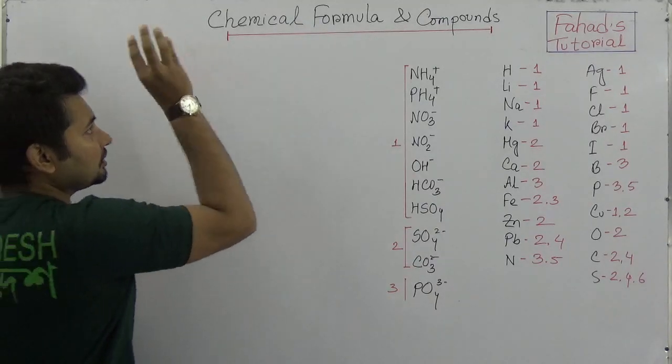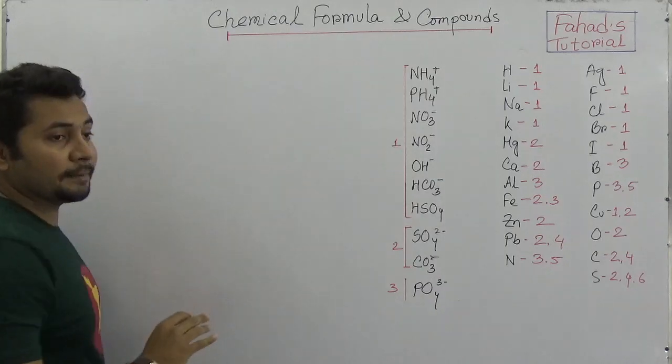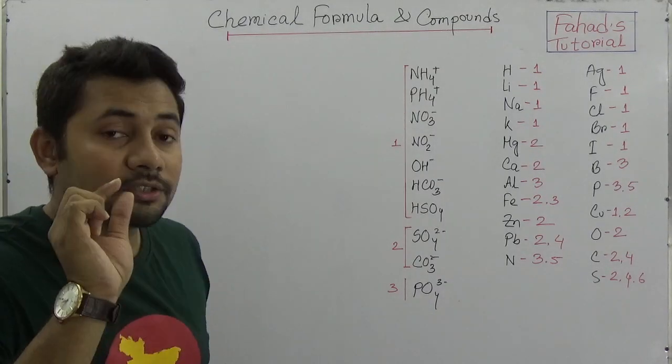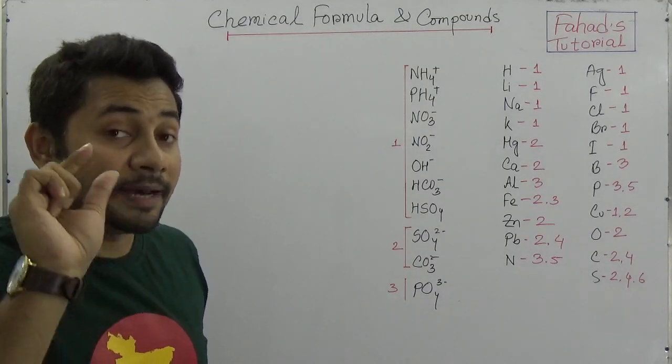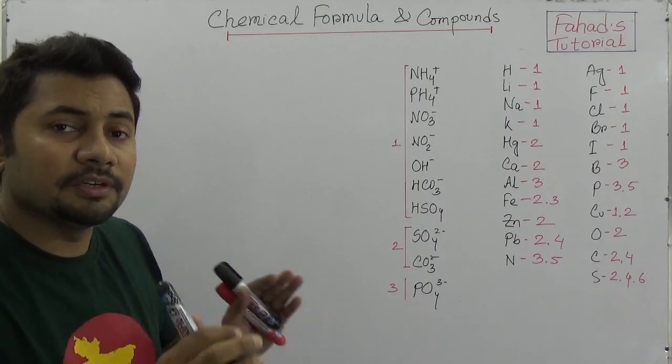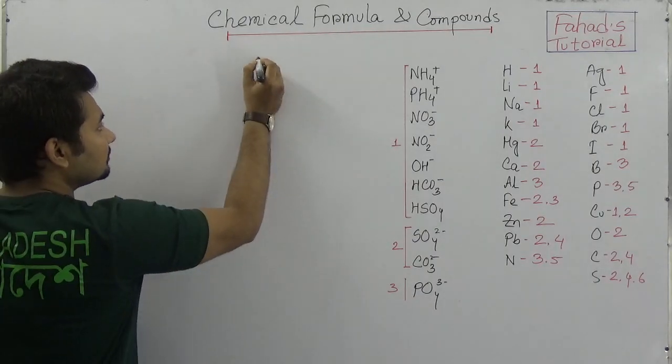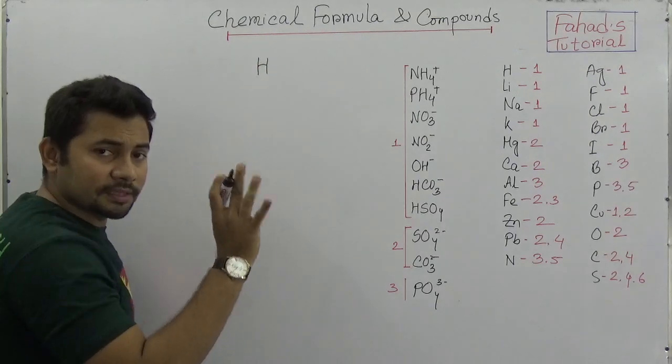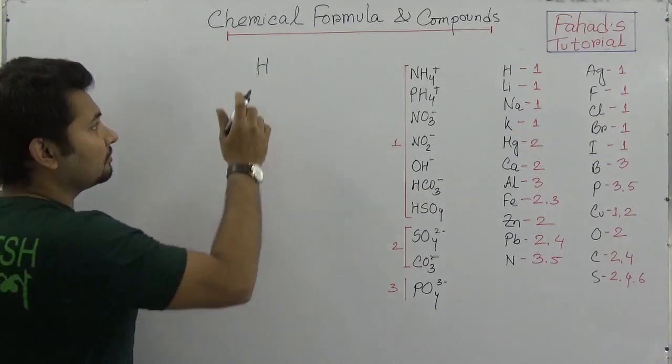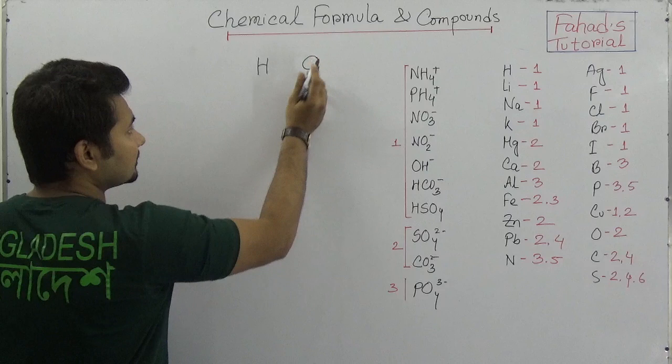Now, as we are focusing on chemical formulas and compounds, we need to know one basic thing. A very commonly used compound is water. You know that water is formed by hydrogen and oxygen.